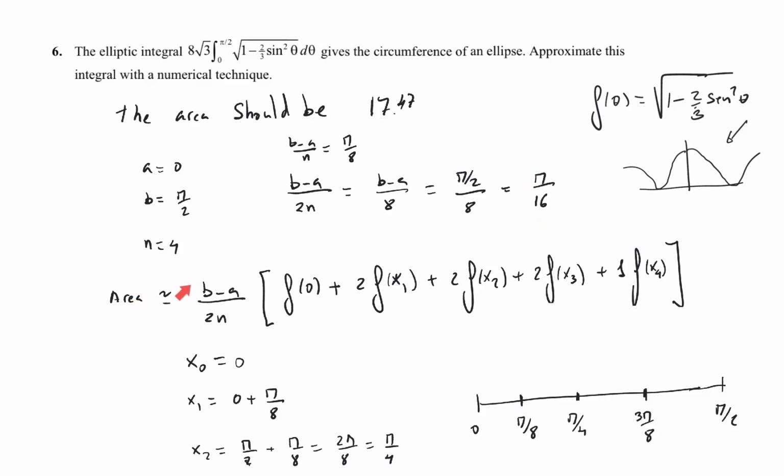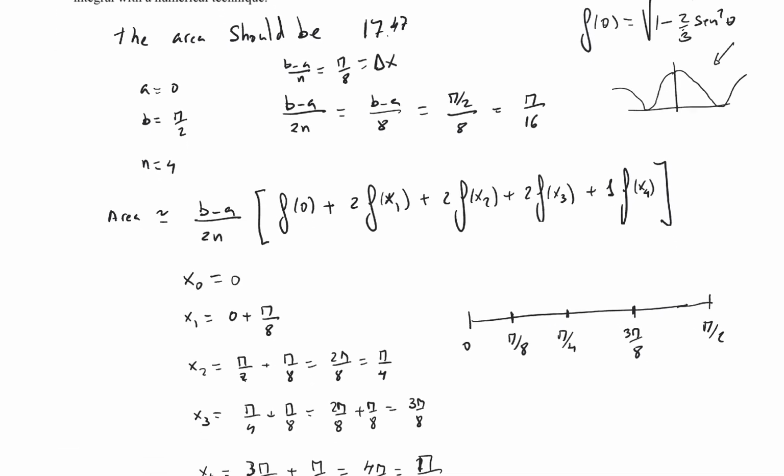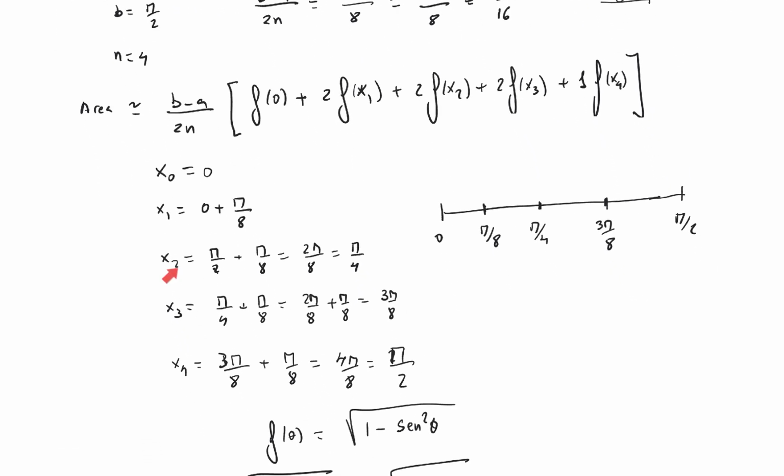So the area is pi divided by 16 times f of x0, 2f of x1, 2f of x2, 2f of x3, 1f of x4, where x0 is the initial point, 0. x1 is 0 plus delta x, and delta x is pi divided by 8. x2 is the previous point, pi divided by 8, plus delta x, so it's pi divided by 4.